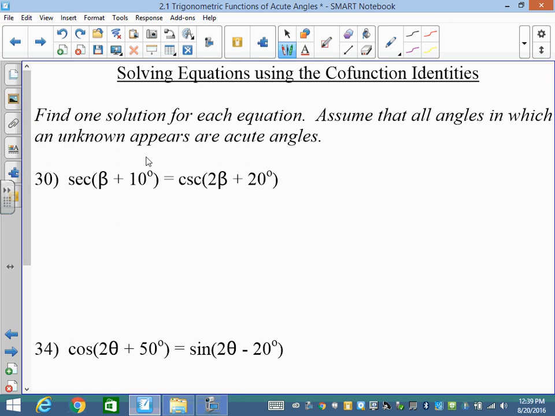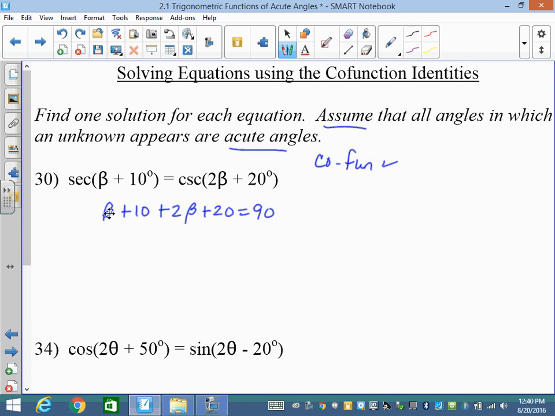On this one, find one solution for each equation. Assume that all angles in which an unknown appears are acute angles. We have unknowns on both of these. Since they are cofunctions, and we're already told that they are acute angles, we have beta plus 10 plus 2 beta plus 20 equals 90, because we want to actually know what these angles are this time.